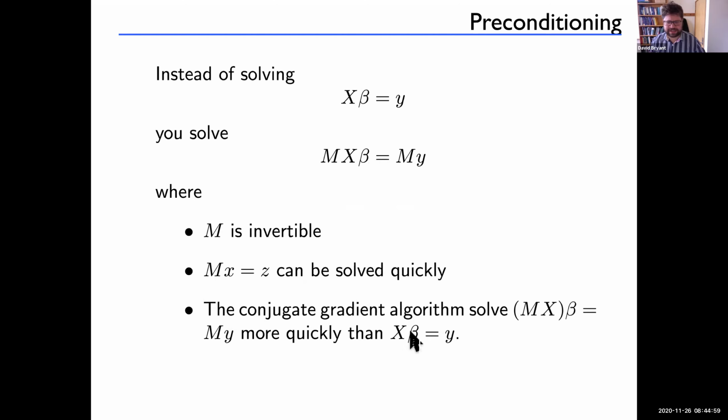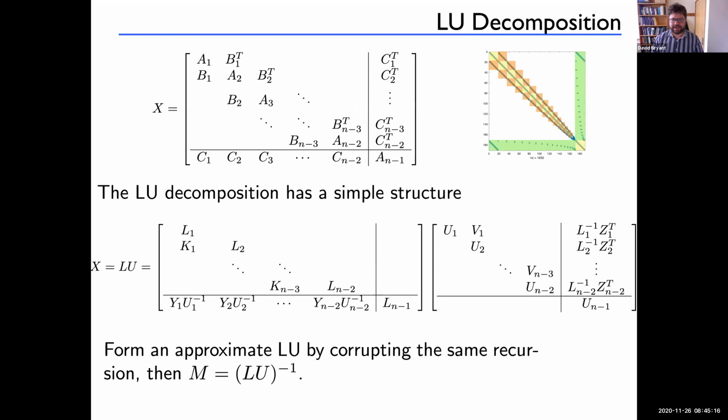Now we know various things about when the conjugate gradient algorithm works really well, but unfortunately, picking a preconditioner is still very much an art, which translates to lots and lots of trial and error and playing around and getting incredibly frustrated. So what I do is I take this LU decomposition of the matrix and I corrupt it.